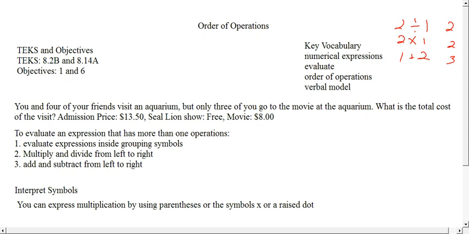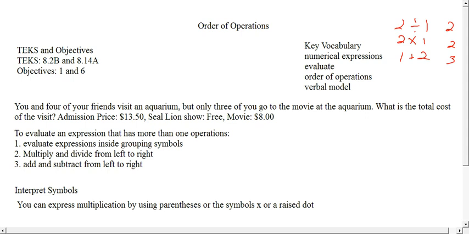Then, of course, with order of operation, we use it when a numerical expression has more than one operation, and we use a set of rules, and those rules are called order of operation.